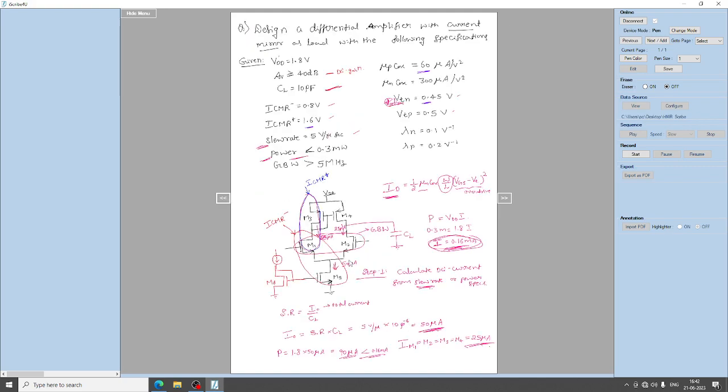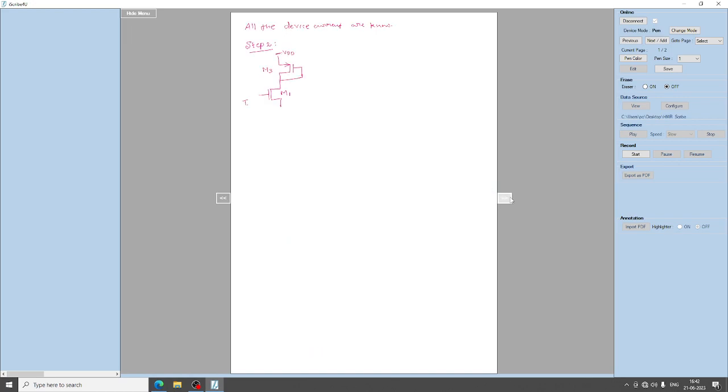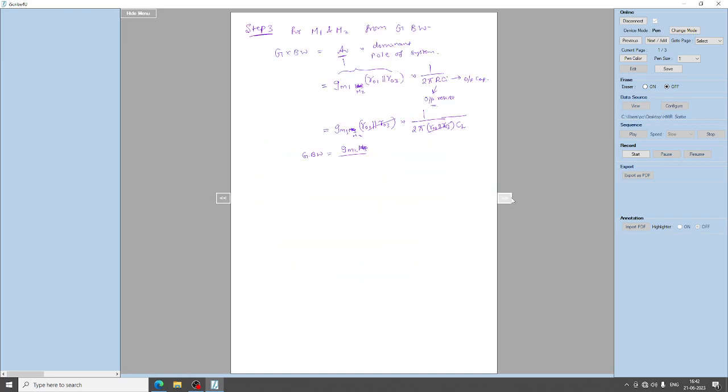So GM1 or GM2 will be equal to the gain bandwidth product into 2 pi CL.